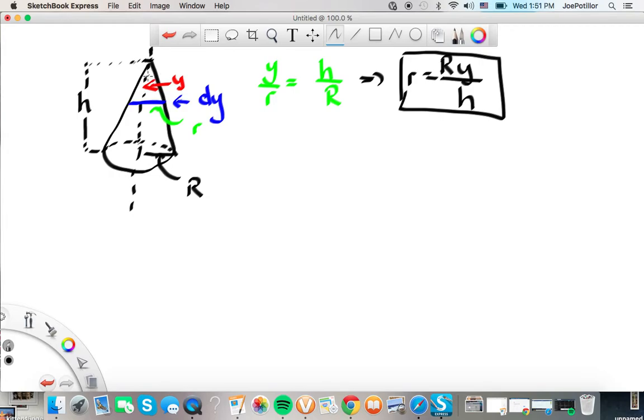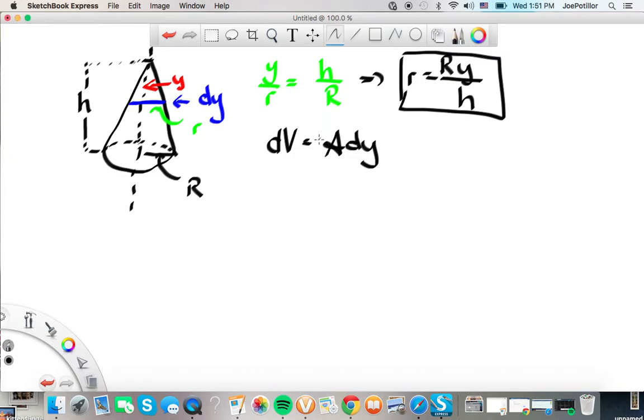So the volume of this strip, which we'll call dV, the little volume, will be the area of the strip times dy.